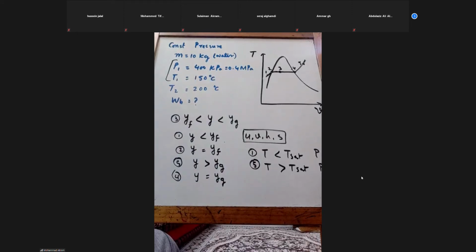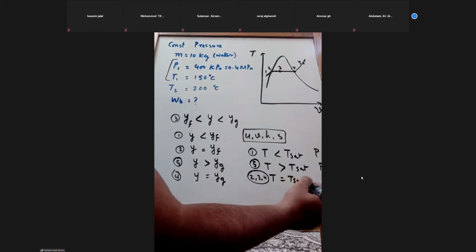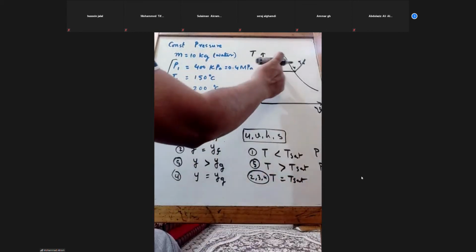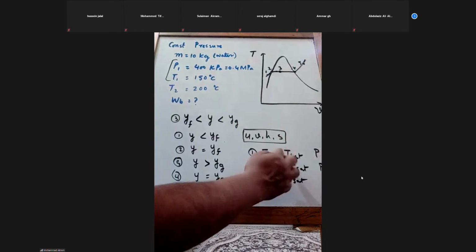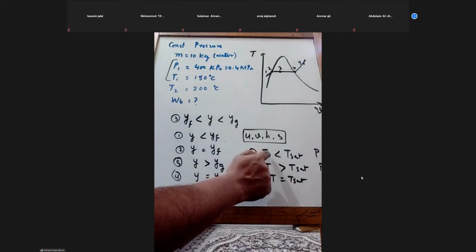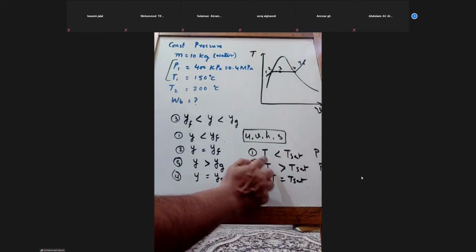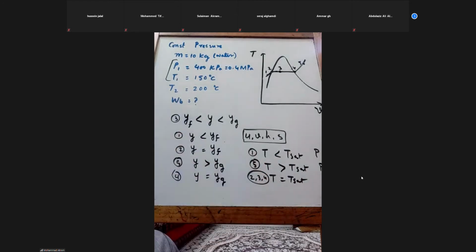So if it is like this, then it is subcooled or superheated. If it is equal, it can be 2, 3, or 4, because these 2, 3, 4 are at the same temperature. Am I right? Similarly, for pressure, you just change the sign oppositely. For a given temperature, if the pressure is more than P saturated, then it is 1. If it is less than P saturated, then 5. Equal, 2, 3, 4.